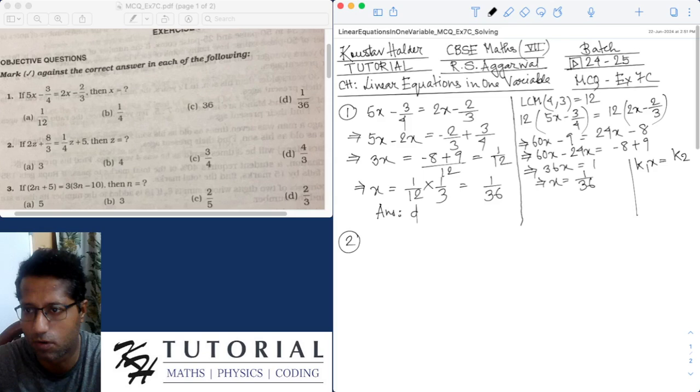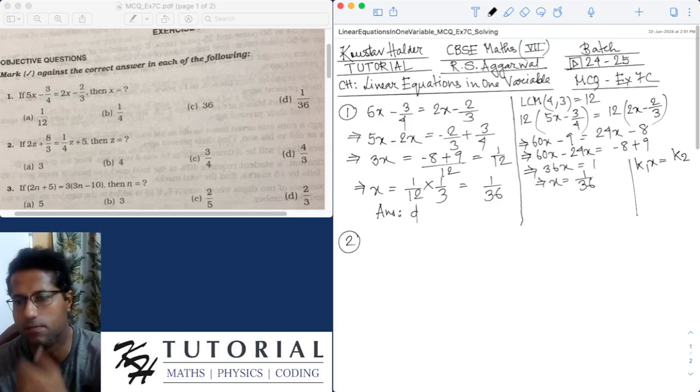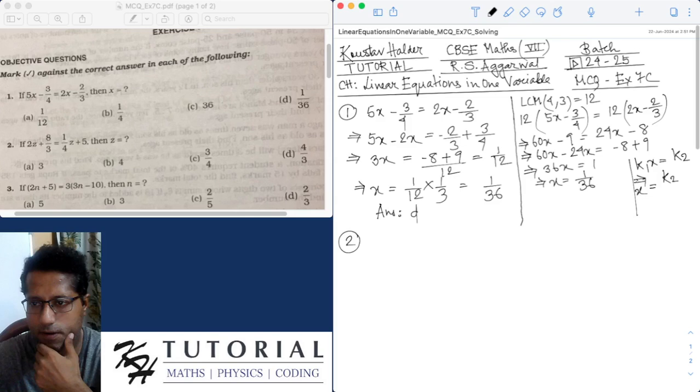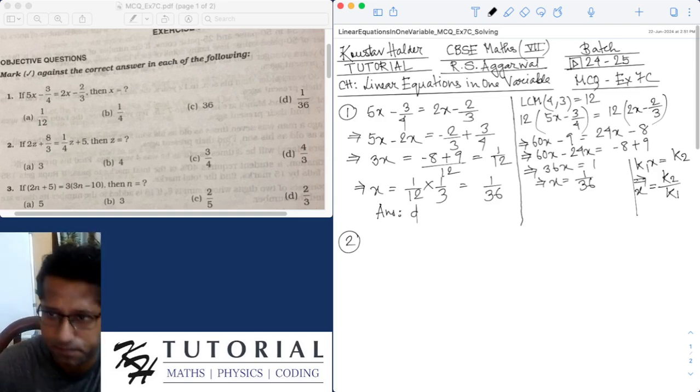Where k1 and k2 are constants, they can be integers, fractions, decimals, whatever, but definitely k1 is not 0. k2 can be 0, but k1 is not 0, and from here you will say the solution x will be k2 divided by k1. So this is the last step of solving the equation.